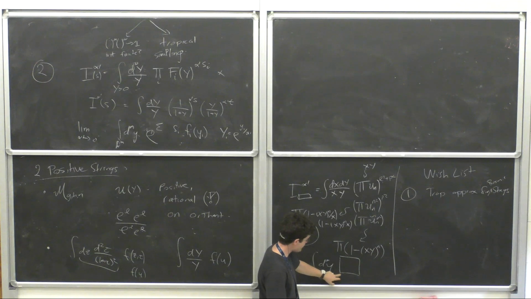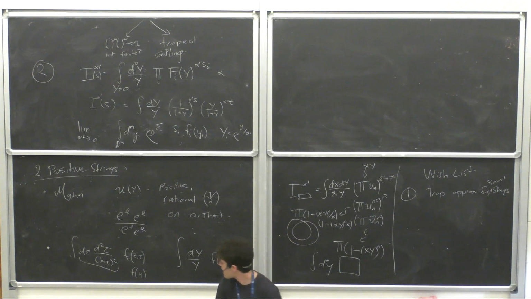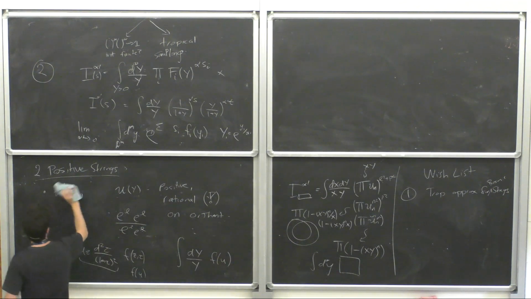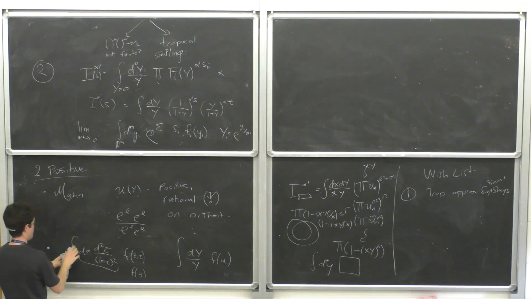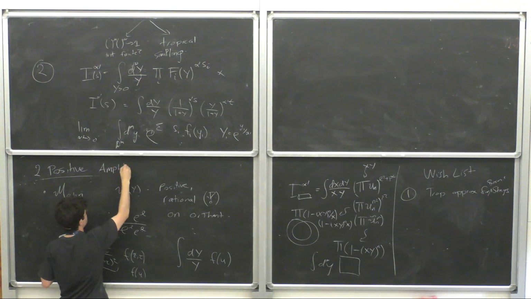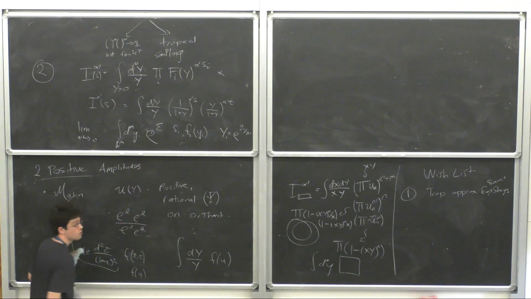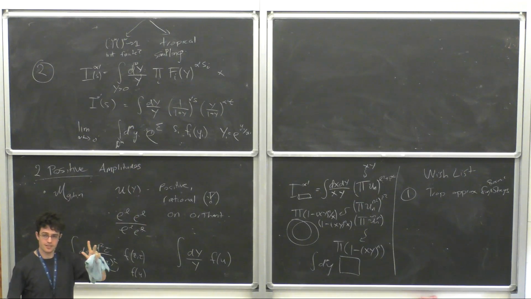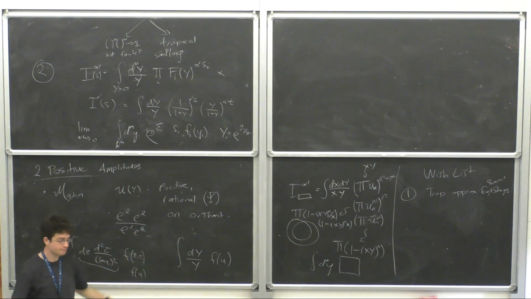Now, that means that we have formulas for the amplitudes of a whole bunch of theories written as positive tropical functions of the positive orthant.